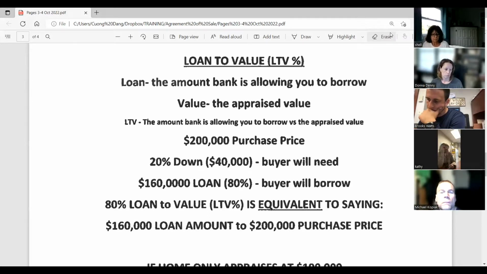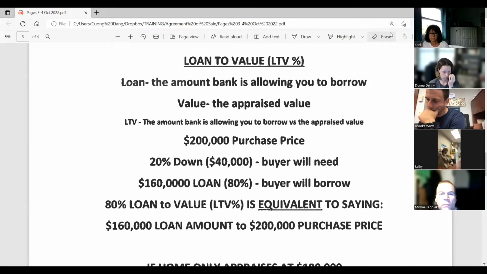It's not the sales price, it's the amount that you're allowed to borrow based on a percentage of the sales price. Value, for this purpose and for the percentage purpose, it's the appraised value. Okay, so loan to value. The LTV is the amount the bank is allowing you to borrow versus the appraised value.